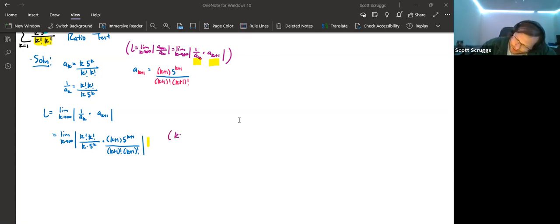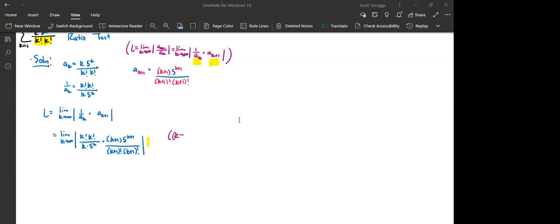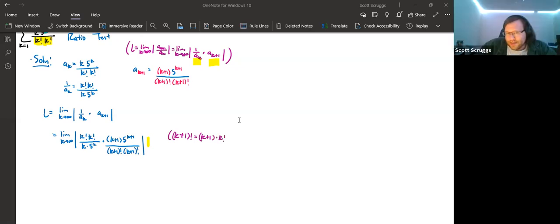So to summarize what Zach was mentioning, he's using this property of factorial, which is correct.